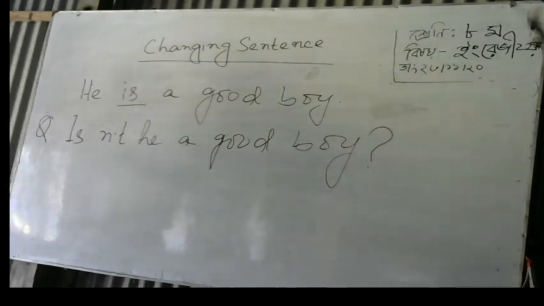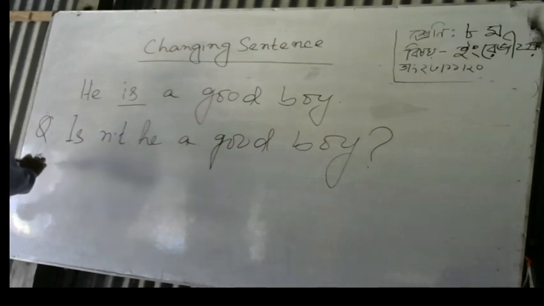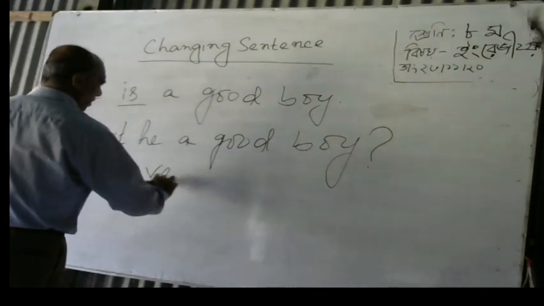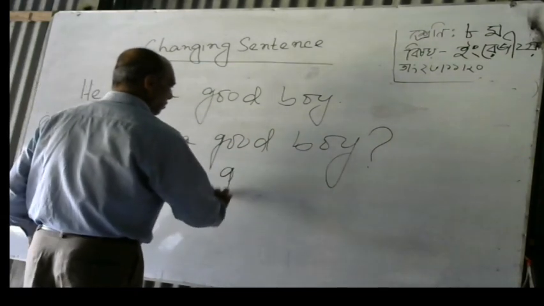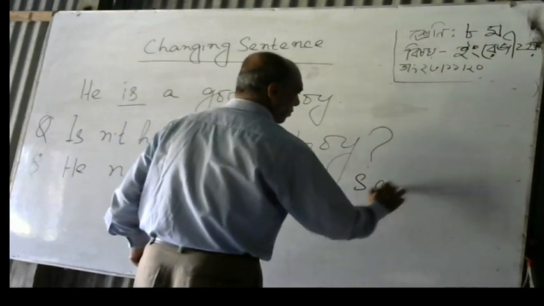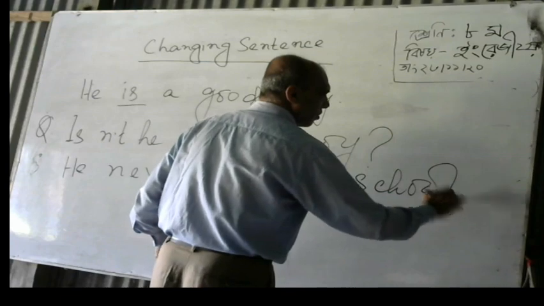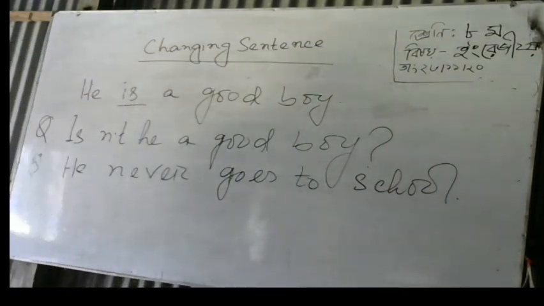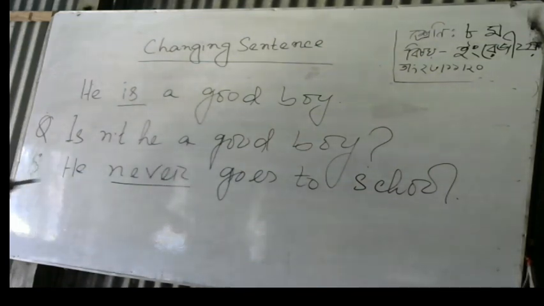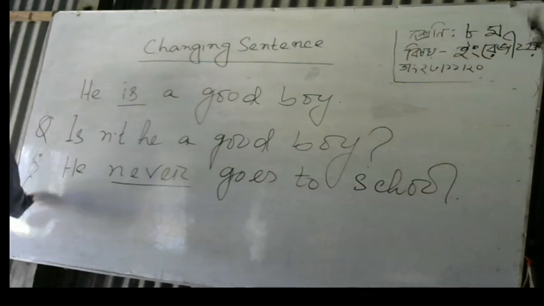If you write down like this, he never goes to school. He never goes to school. Suppose this is your statement. You can see here is a negative word. Never is a negative word. If I ask you to make a question, what do you do?